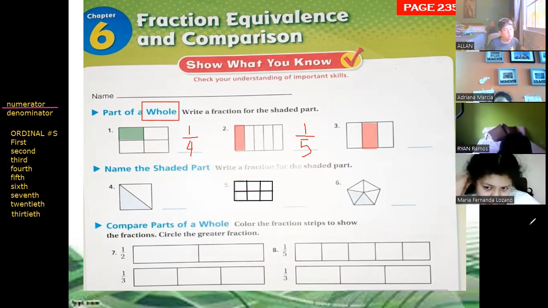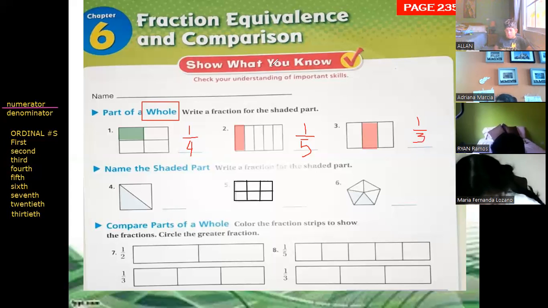What is the fraction? Remember, the fraction has two numbers, numerator and denominator. So you have 1 and 3. Uh-huh. 1 and 3, third. 1/3. Third.